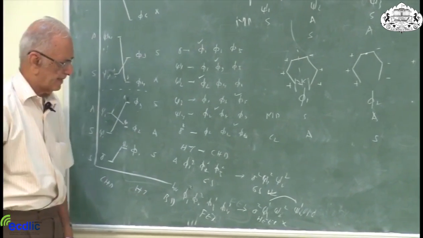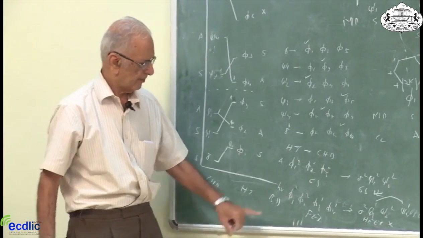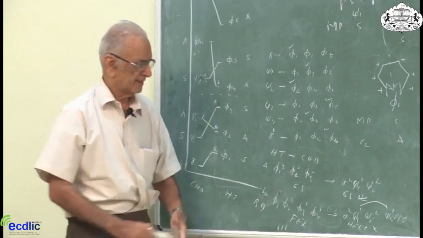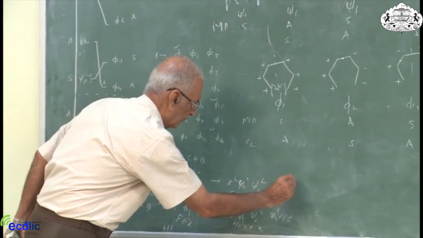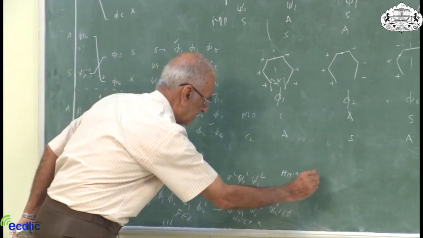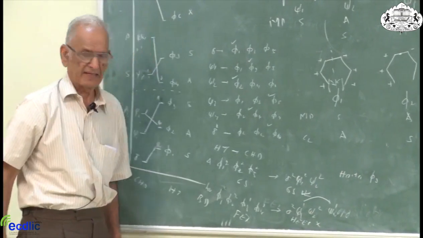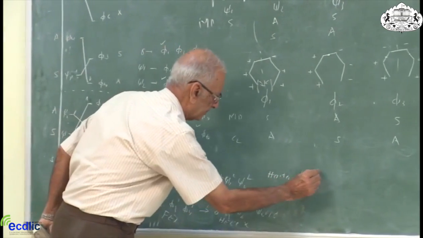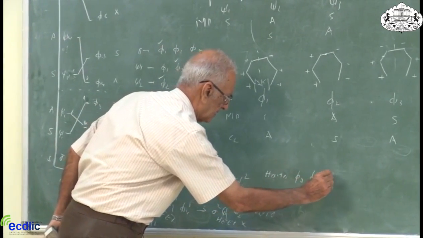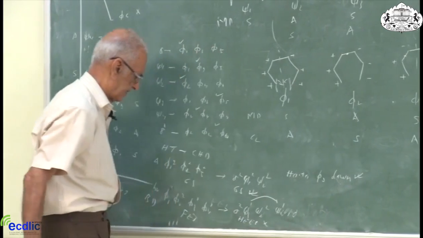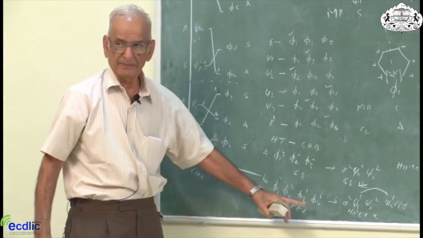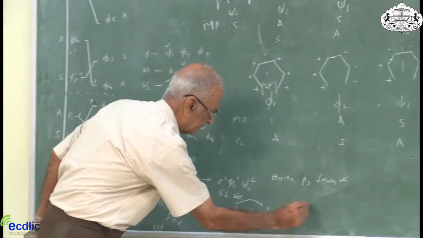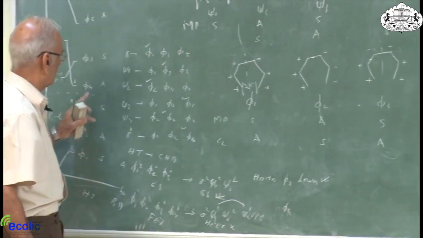Let us look at the shortcut approach. What is the shortcut approach? Look at phi 3. Your HOMO is phi 3. Where does phi 3 go? Phi 3 goes down. Therefore, allowed. In your photochemical, your HOMO is going to be phi 4. Where does your phi 4 go?